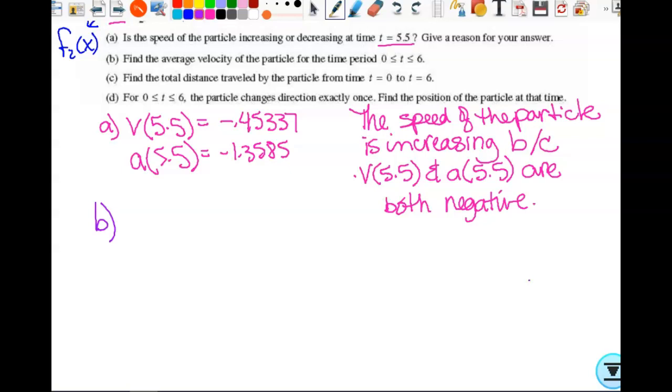No, we're still using velocity. Let's think about how we find the average of something. We add it all up and then we divide by how many there are, right? So what we need is the total velocity over the time period divided by the time period. So that's when you do your average values: 1 over b minus a, 6 minus 0, and then we're integrating velocity.